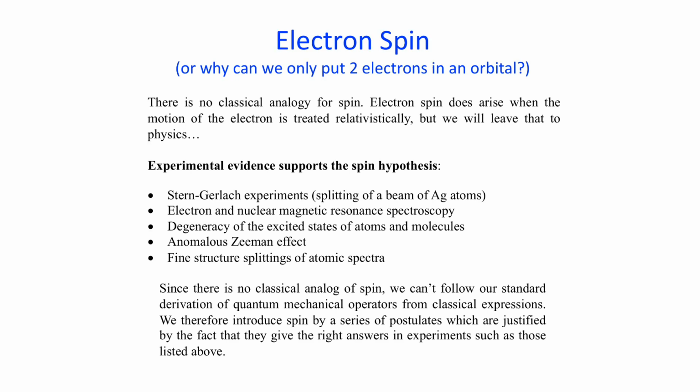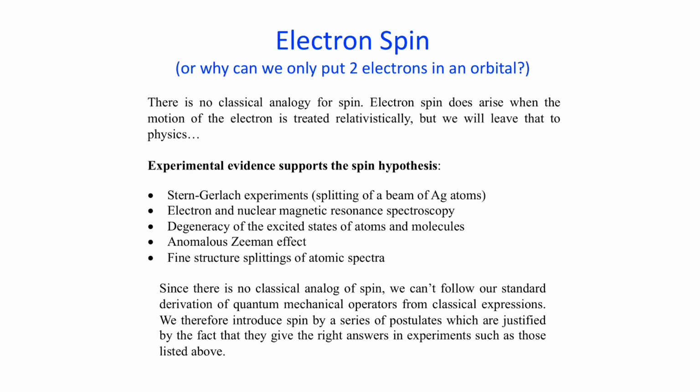It does not arise naturally out of solving the Schrodinger equation, but it does, however, arise when we treat the motion of our electron relativistically. But that is way beyond the scope of this course and beyond anything that chemists generally spend much time thinking about. So we'll leave that part to the physicists, and we instead just take electron spin as another postulate.